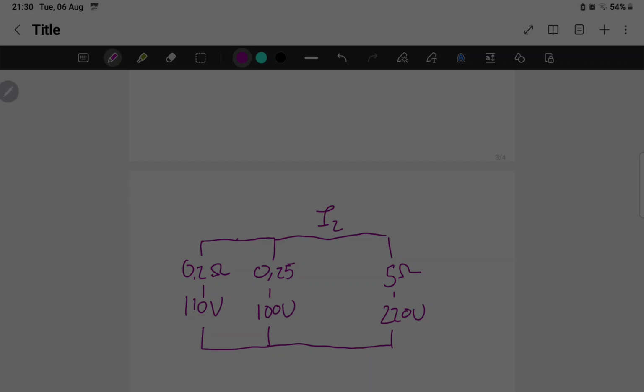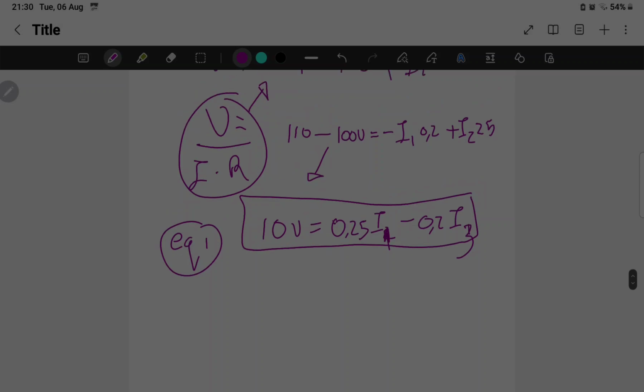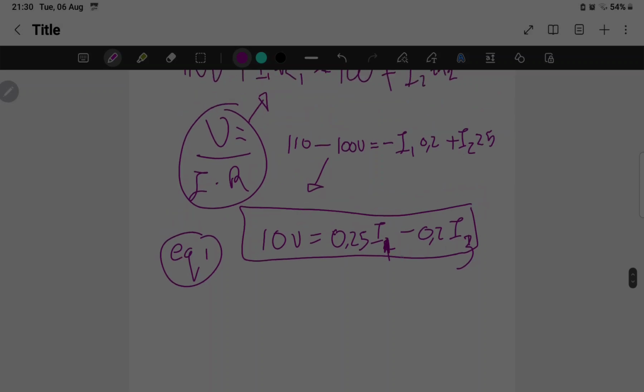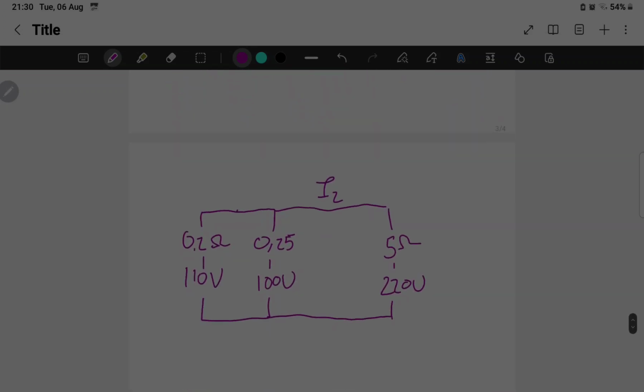Okay, so now we are going to choose, okay, let's leave it as is. This is I1, this is I2. So now let's remove this here.